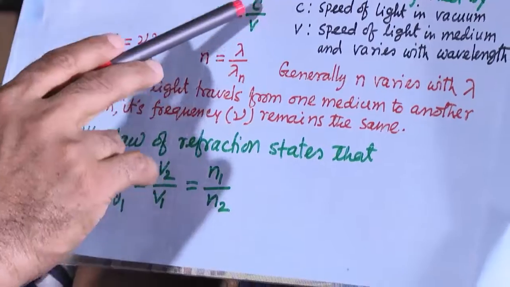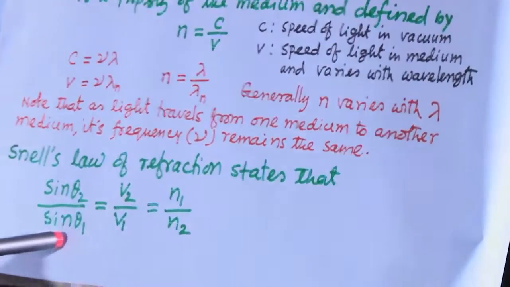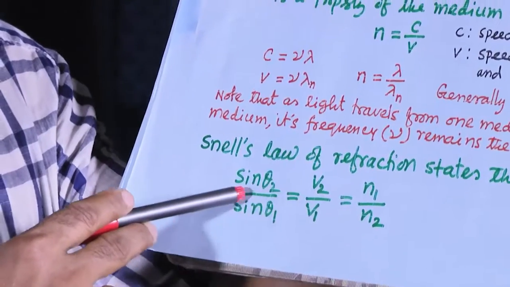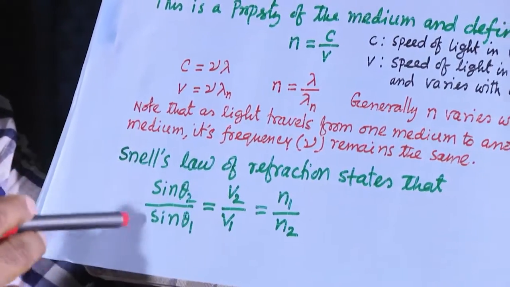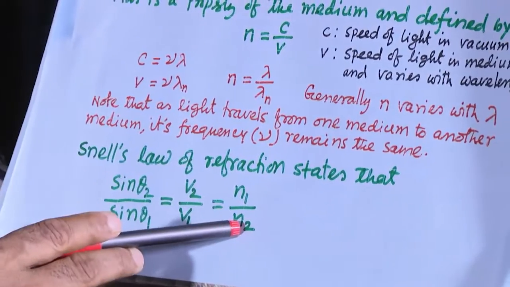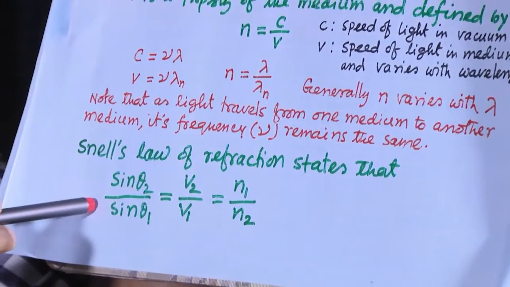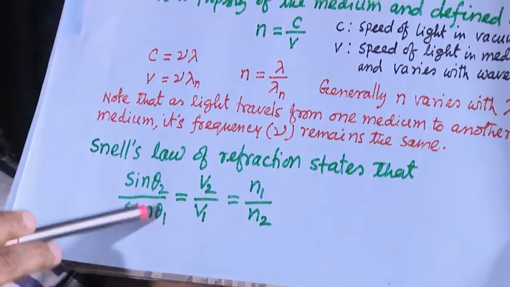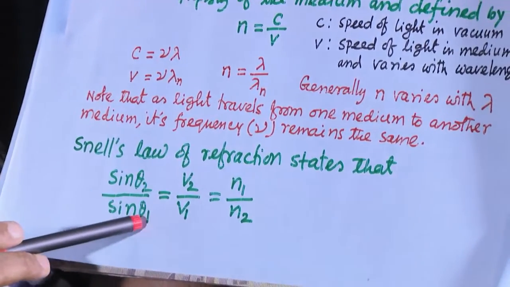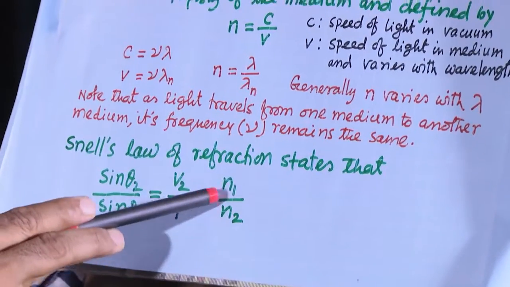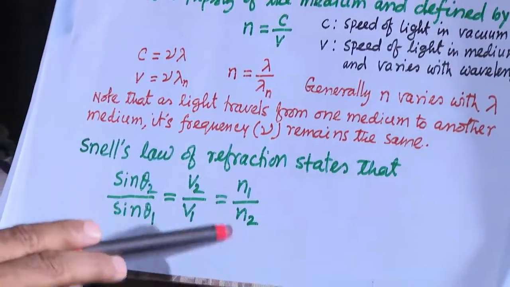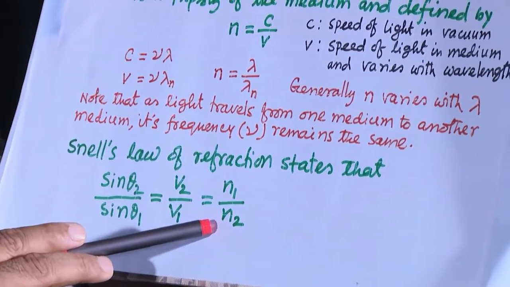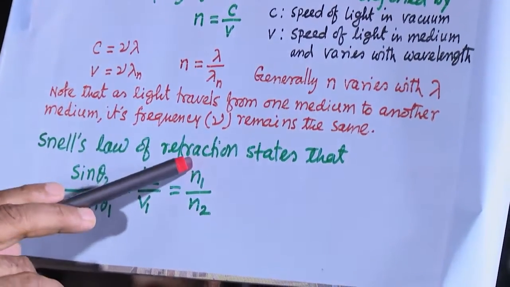So according to Snell's law, n1 sin theta 1 equals n2 sin theta 2. So sin theta 2 by sin theta 1, refracted angle and incident angle, equals the ratio of the refractive index of medium 1 and medium 2.